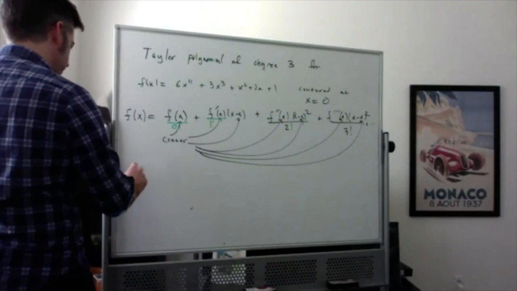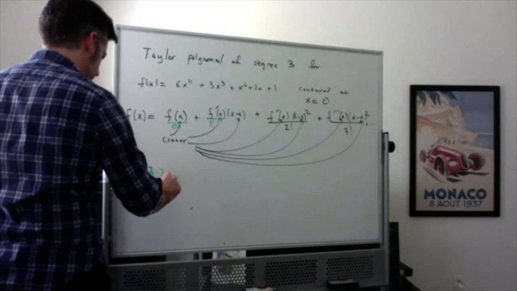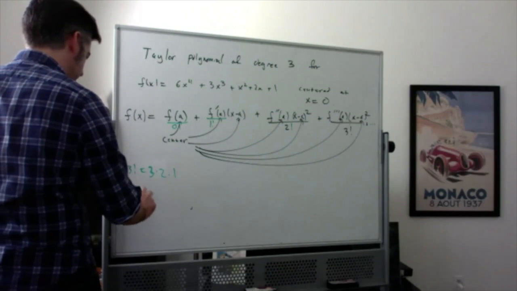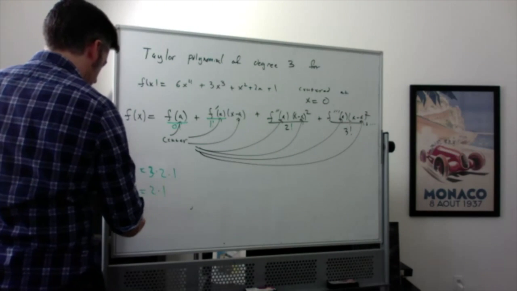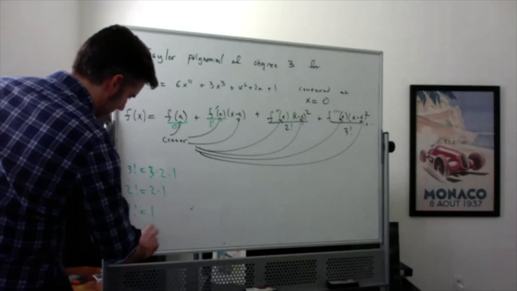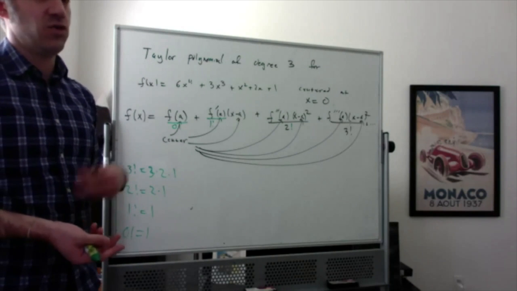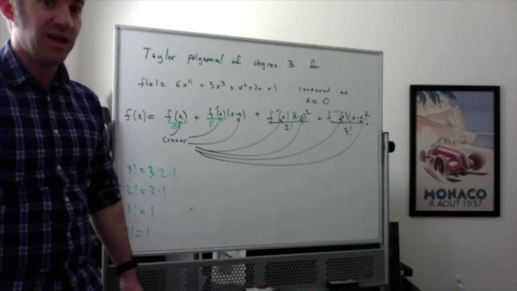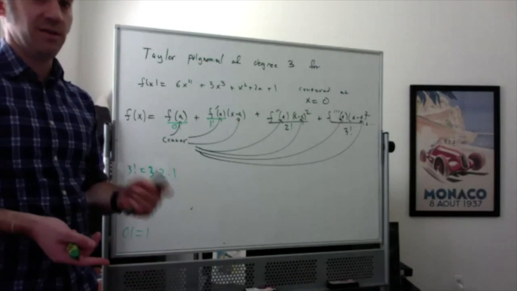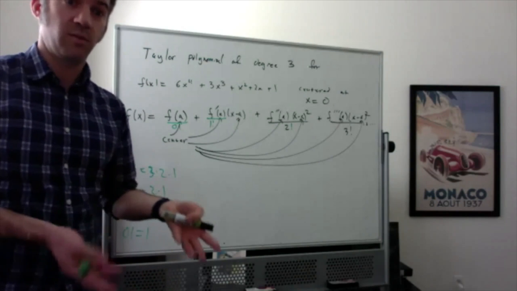Where 3 factorial is 3 times 2 times 1. 2 factorial is 2 times 1. 1 factorial is 1. And 0 factorial is defined to be equal to 1. So any factorial, like when I say 20 factorial, it's a really big number. It just means 20 times 19 times 18 times 17 times 16, all the way down to times 5 times 4 times 3 times 2 times 1.